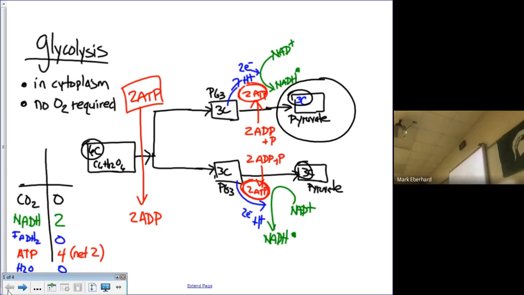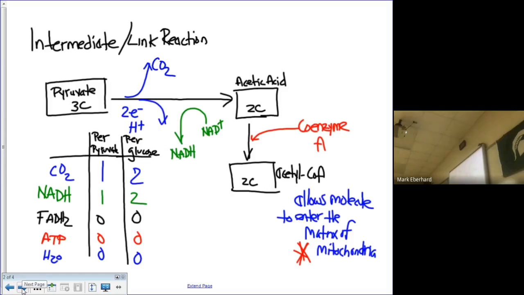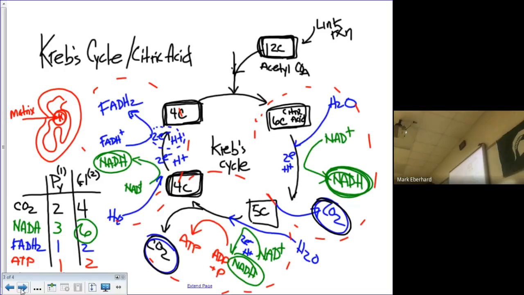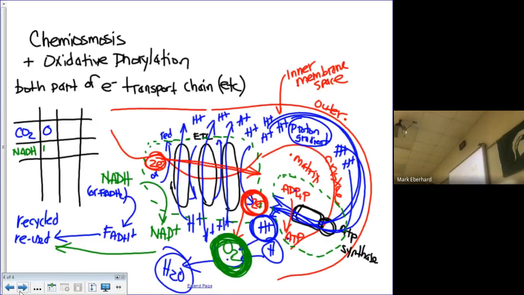There's 2 NADHs from glycolysis. There is 2 from the link step, so 2 plus 2 is 4. And there are 6 from the Krebs cycle. So 2 plus 2 is 4, plus 6 is going to be a total of 10 NADHs.